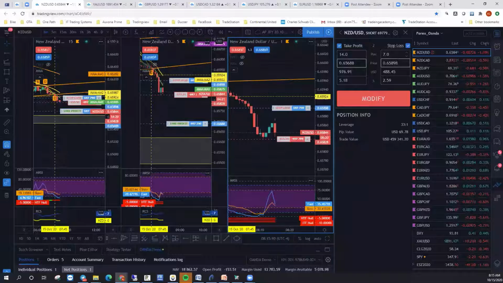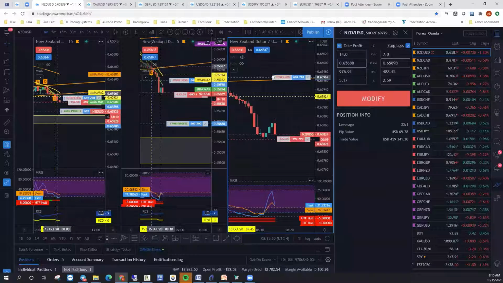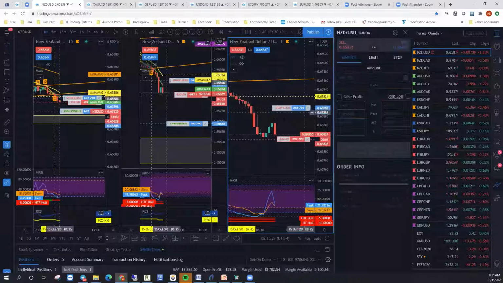Profit 14, stop is 7. I'm going to pull my stop up a little bit higher. I'd like to see my stop get up into this area. If it does, that's only 13 pips. So I'm looking at pretty much a 1-to-1 move on this.